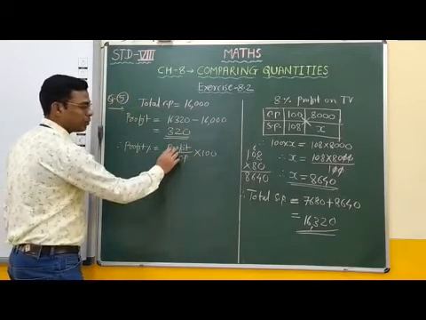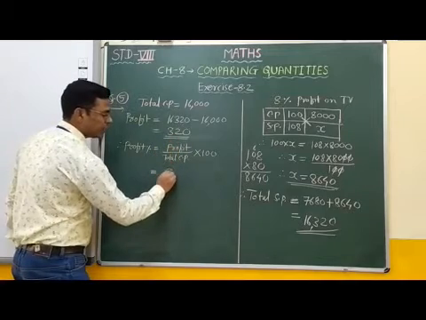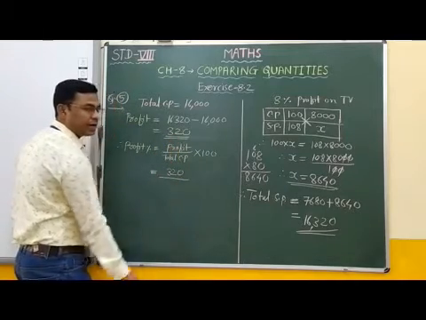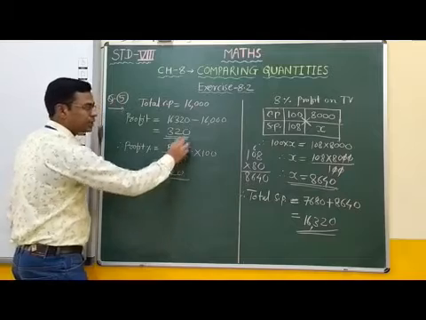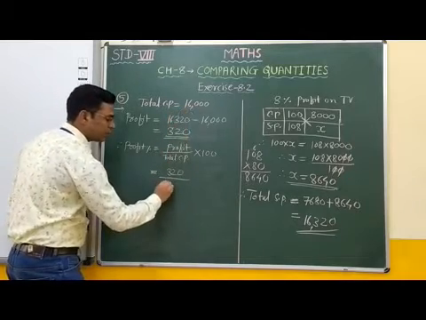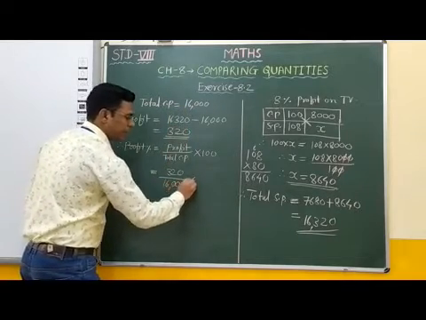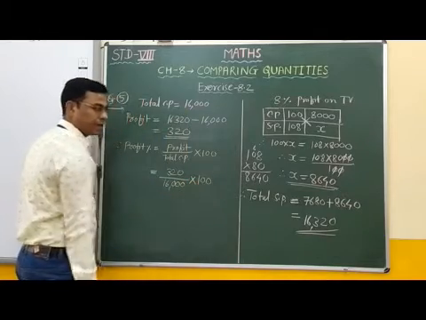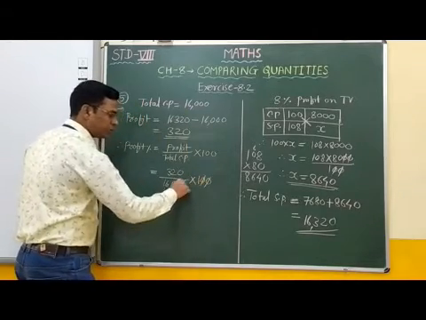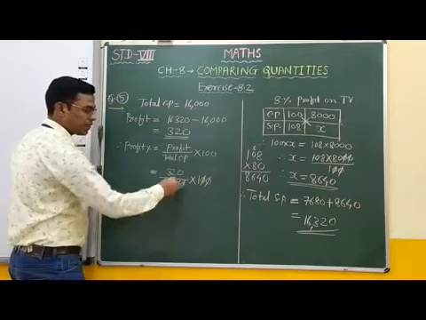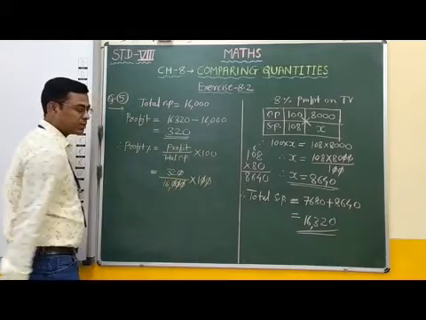Therefore here profit is 320. Therefore in numerator we have to write 320 and total CP, that is 16,000 into 100. Now these 2 zeros cancel, 1 zero cancel.